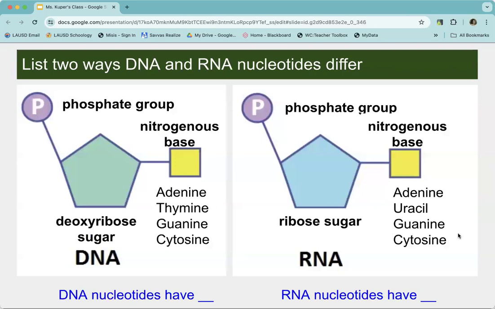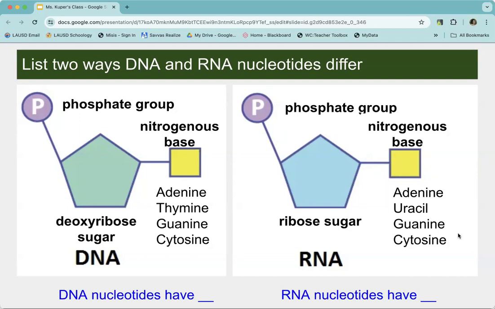All right, hopefully on the last slide, you were able to figure out a big structural difference between DNA and RNA. Now let's zoom in, and we're going to look at the nucleotides of DNA on the left and a nucleotide of RNA on the right. And again, I want you to figure out what is the difference between a nucleotide of DNA and a nucleotide of RNA.